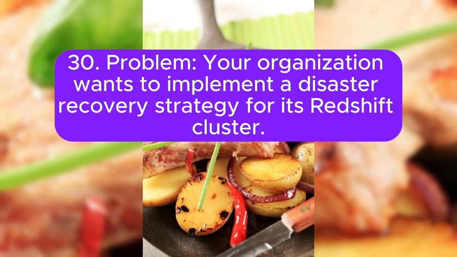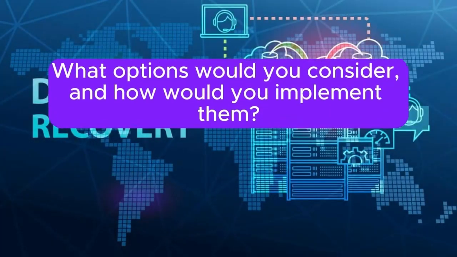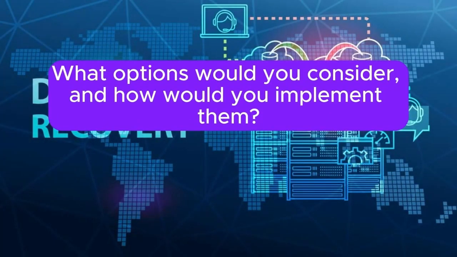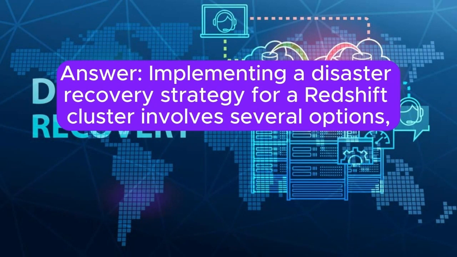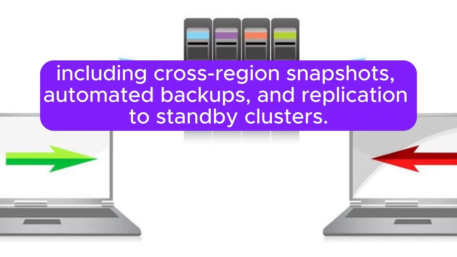30. Problem. Your organization wants to implement a disaster recovery strategy for its Redshift cluster. What options would you consider, and how would you implement them? Answer. Implementing a disaster recovery strategy for a Redshift cluster involves several options, including cross-region snapshots, automated backups, and replication to standby clusters.